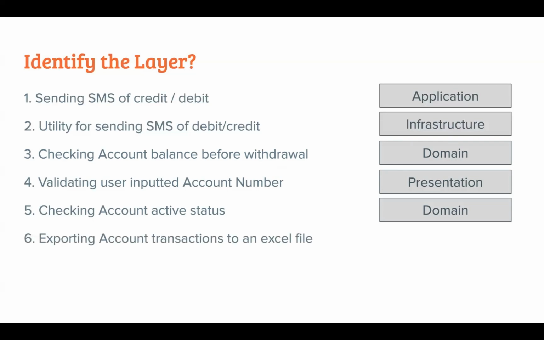Exporting account transactions to an Excel file. This is an interesting one. Belongs in the application layer. So while the account object of the domain layer may hold the transactions, the domain layer itself does not have any conception of a file format like an Excel or a CSV.